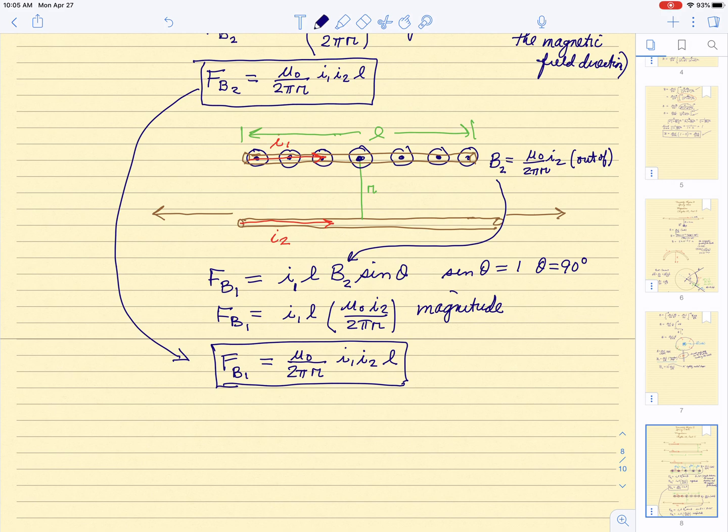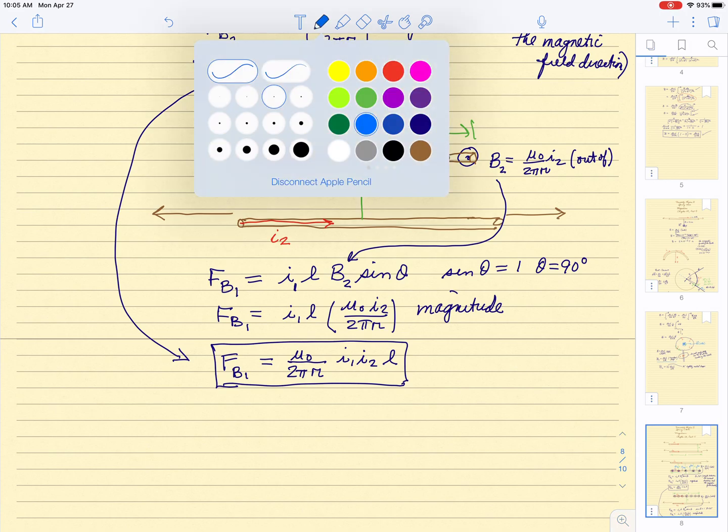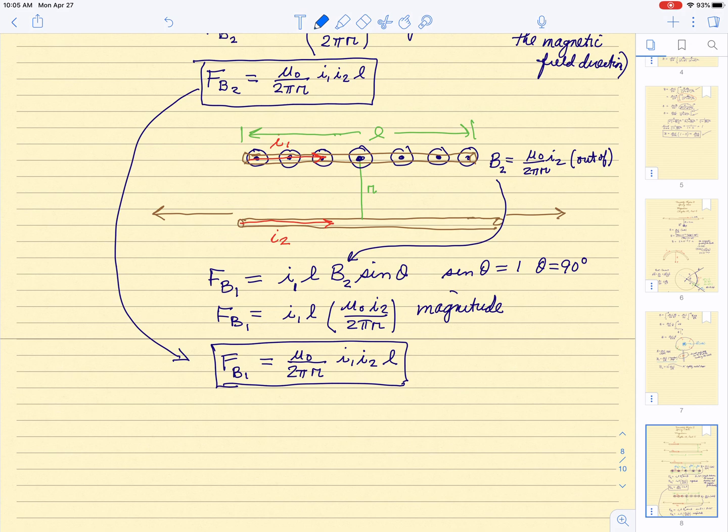Let's look at its direction. If we place our fingers along the direction of the current, curl our fingers into the magnetic field, which is coming out of the plane of the paper, then this wire is going to feel a magnetic force in the downward direction. So this is the magnetic force on wire 1.